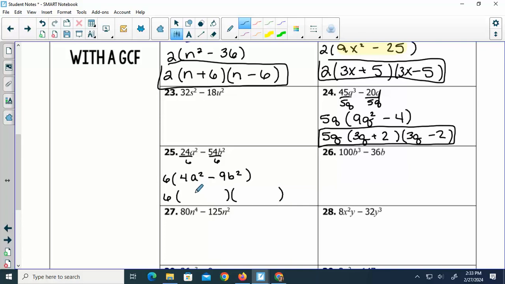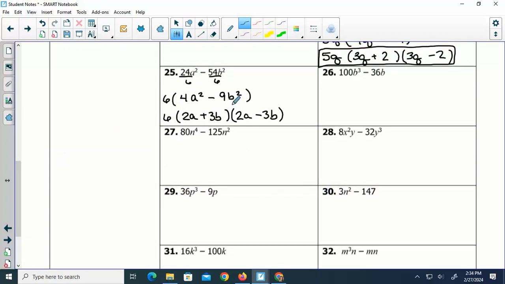So 4a squared would break into 2a. We have a plus and a minus. 9b squared would be 3b. Okay, I want you guys to try a few.